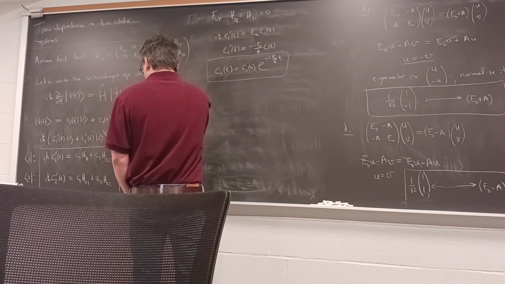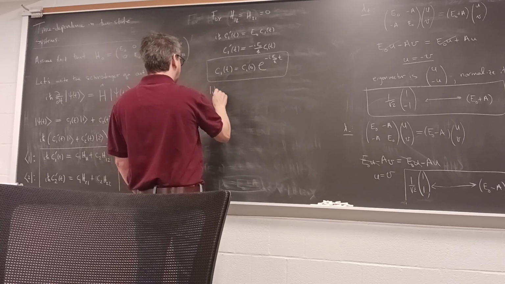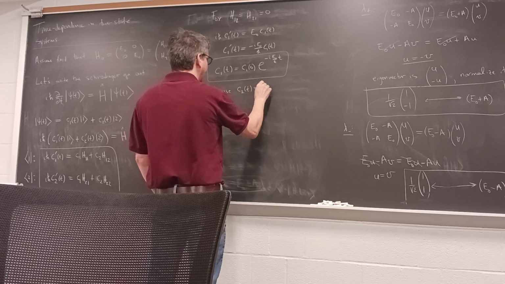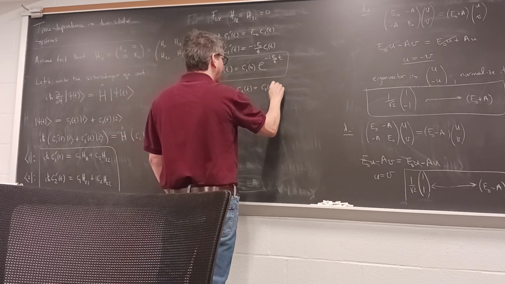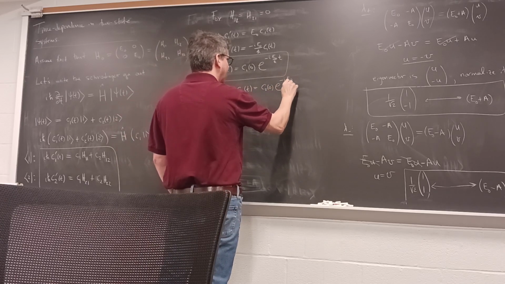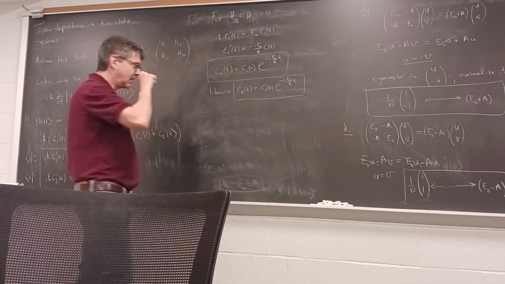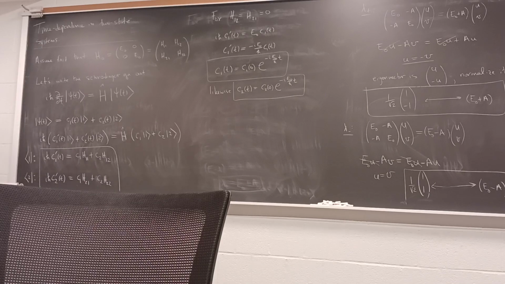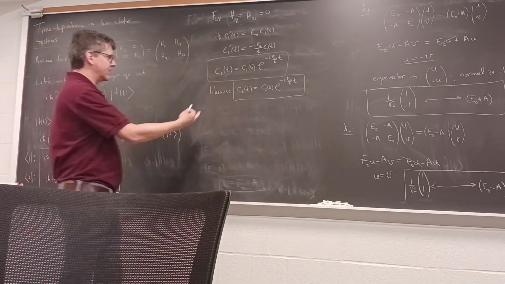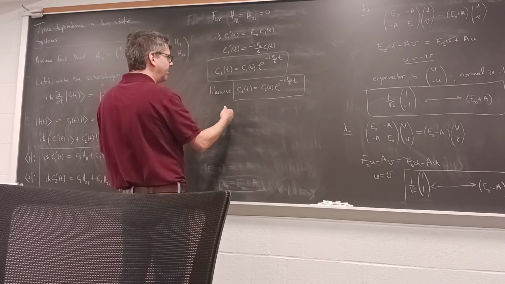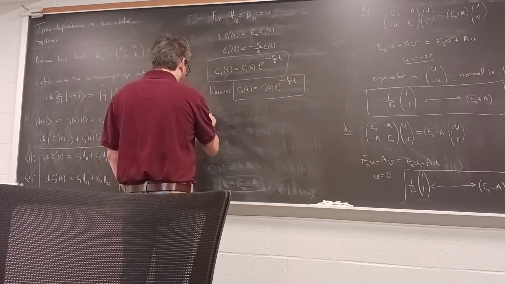And then likewise, C2 of t must be some C2 at time 0, e to the minus i E0 over ħ t. Okay, so this is trivial. What does this mean? This means that the state ket, it doesn't matter what you start off with.